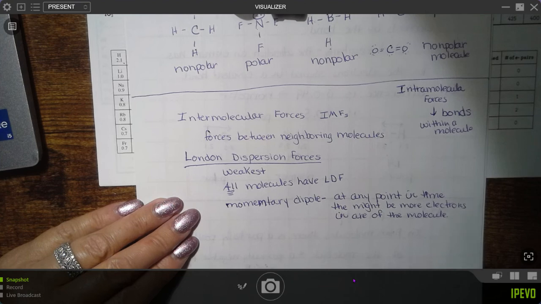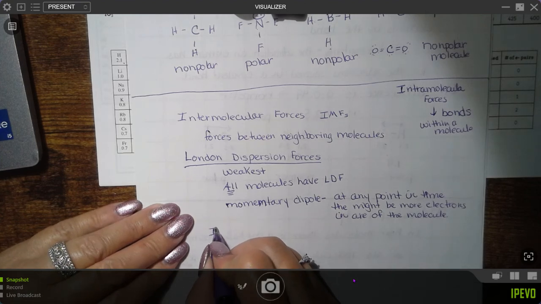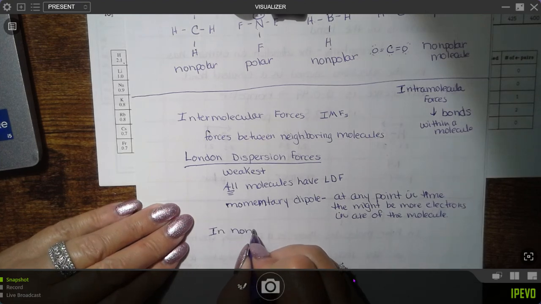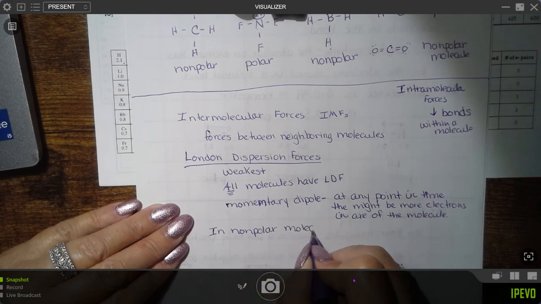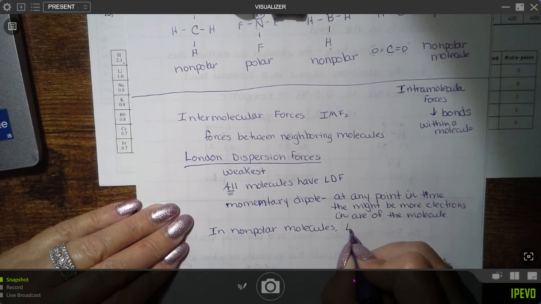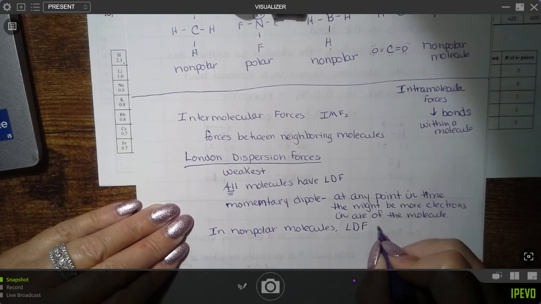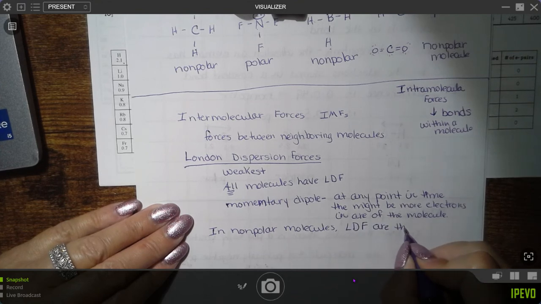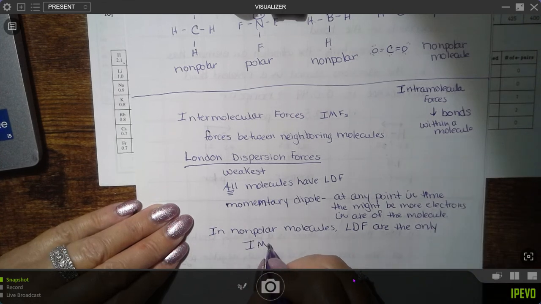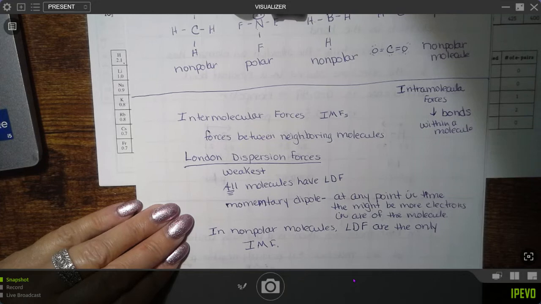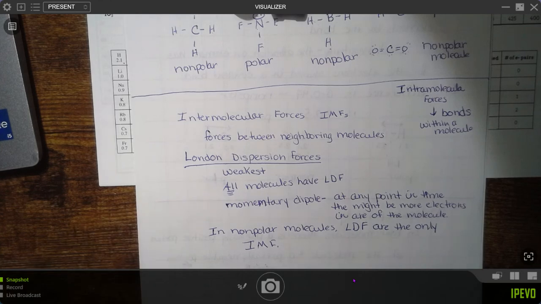In nonpolar molecules, London dispersion forces, LDF, are the only intermolecular force. So if you identify something as nonpolar, and I ask what the intermolecular forces in this molecule are, you would say London dispersion forces, and that is all.